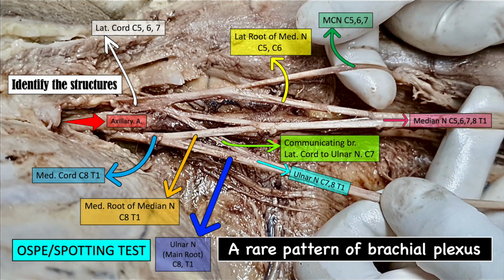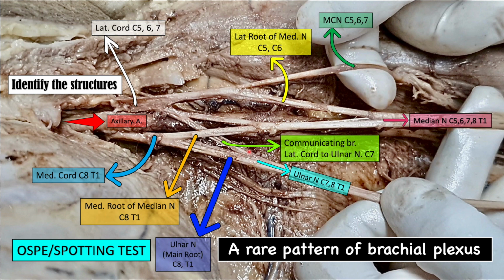That means the C7 to the ulnar nerve is not being supplied by this lateral root of the median nerve. Instead, it's being supplied directly from the lateral cord of the brachial plexus. Got it? So you have to remember this.